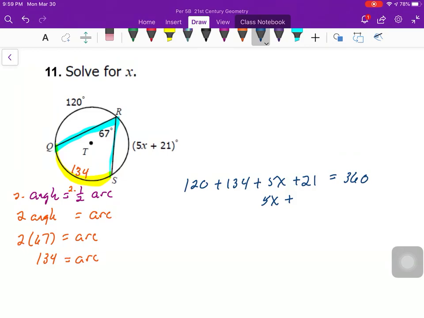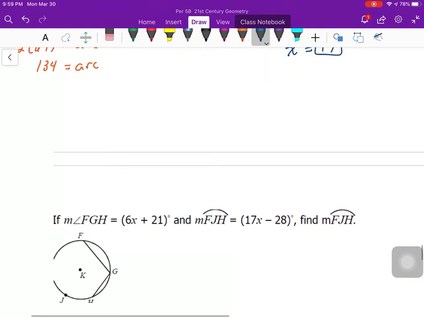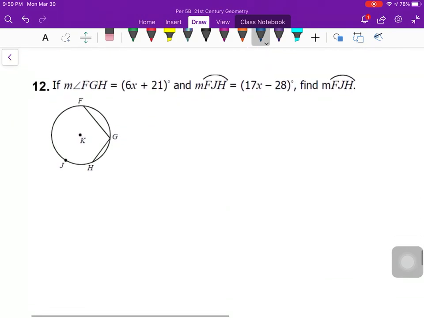Combining like terms, 5x plus 21 plus 134 plus 120, 275 equals 360. Subtract 275 on both sides. 5x equals 85. Divide by 5, x equals 17. Let's try another.